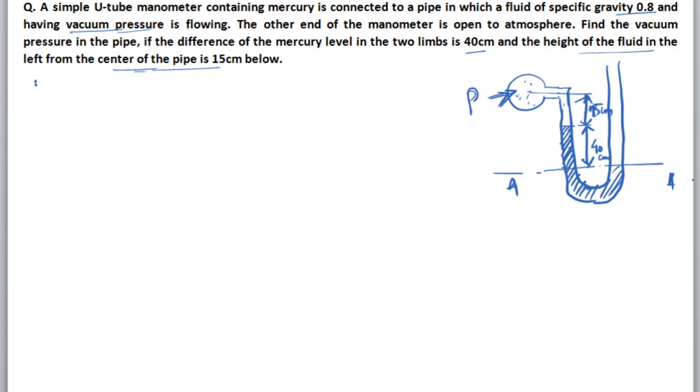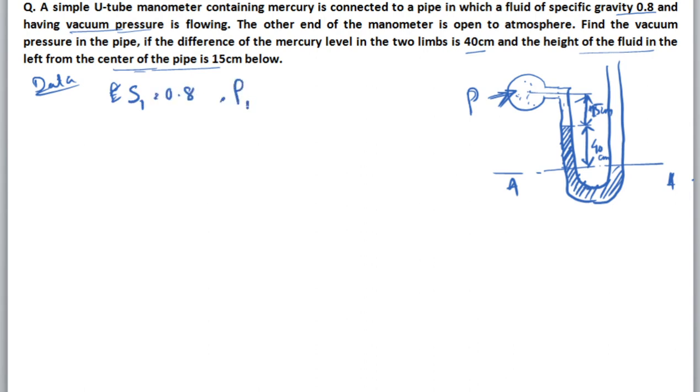So what are the data given? The data are the specific gravity of the fluid. Again I am telling the same thing, taking the light liquid as the first fluid. So specific gravity of the fluid is 0.8.